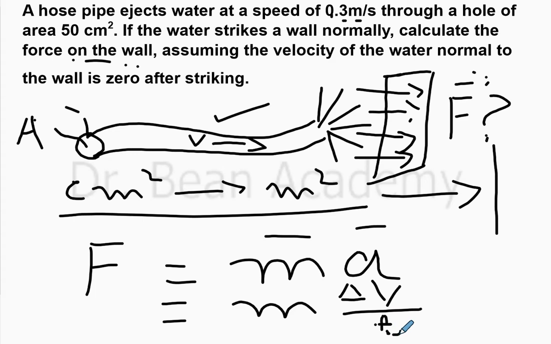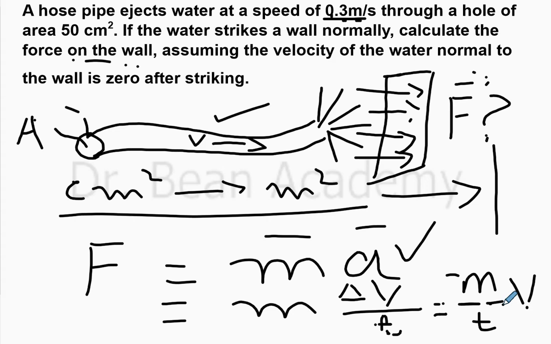Why did I write it like that? Because we are given the velocity, 0.3 meter per second, so I am trying to transform the expression into velocity. I can write it as mass over time times velocity.